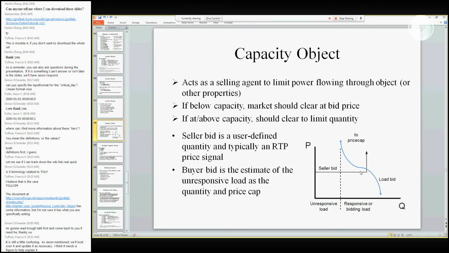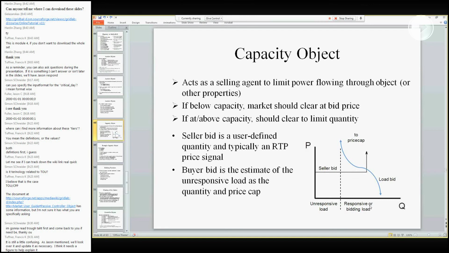But then you have this limitation to say, well, here's my capacity limit, so I don't want to exceed that. So if your load is lying somewhere along this curve, customers are basically going to pay the LMP. If you go above it, you're going to start to elevate the price to limit the capacity to whatever the constraint is on your system.